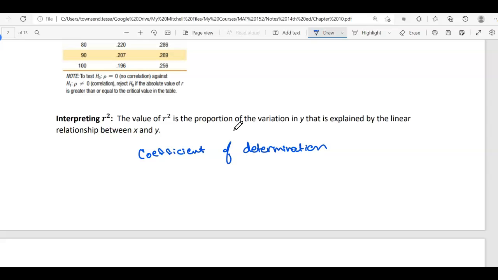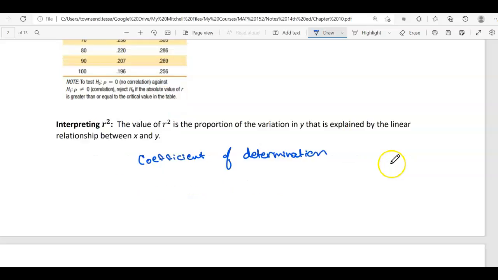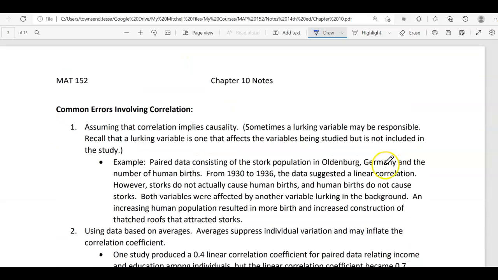So we're not going to really dive into that. What happens is your software is actually computing r squared. There's a formula that goes with that, and then it takes the square root of that to find r. R is the important value. This is just giving us a proportion that can be measured by the linear relationship there.